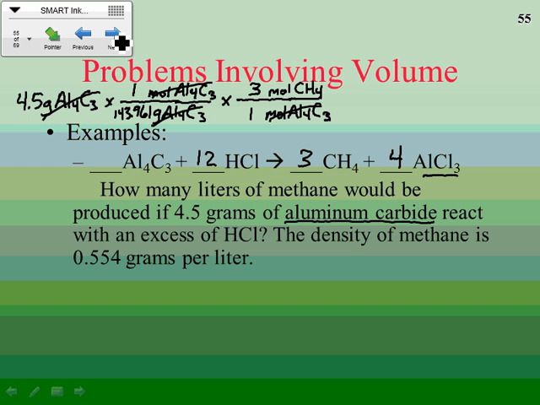So we're going to use the density of methane. Okay, we're probably going to use the density of methane. I'm guessing they gave us that for some reason. So we're going to go from moles to grams. Moles to grams of the CH4. Okay, let's give that a try. This one's tricky. I might save this for a bonus type question on your test.